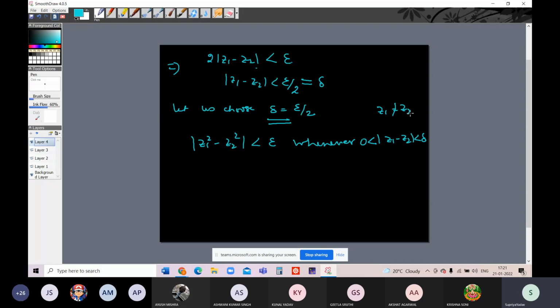That's why their modulus is greater than 0. So obviously this function f(z) is equal to z square is uniformly continuous on this region mod z less than or equal to 1. Okay.